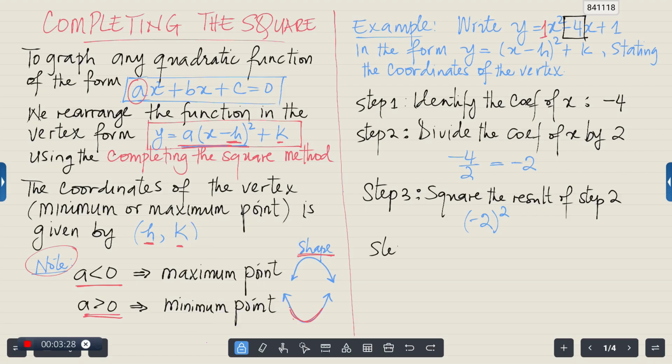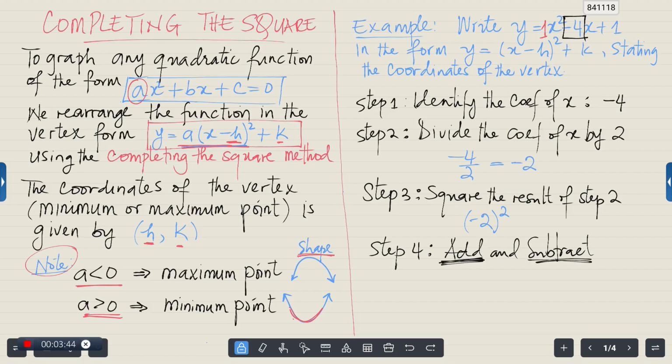Step 4. We add and subtract. Notice the order.